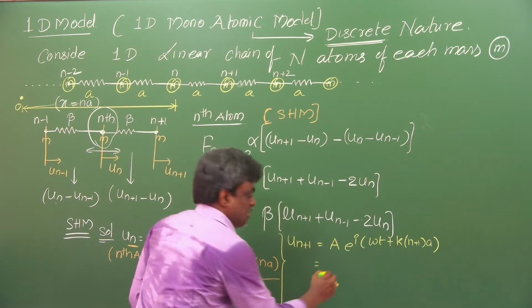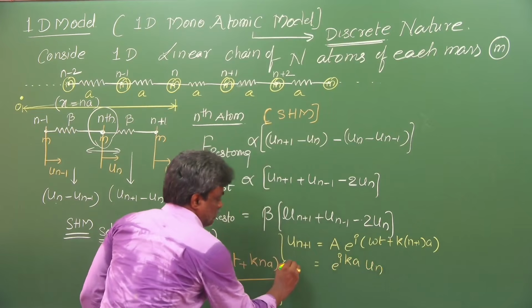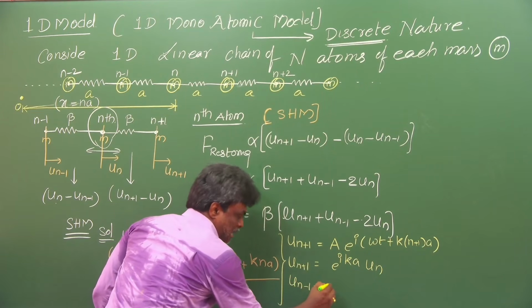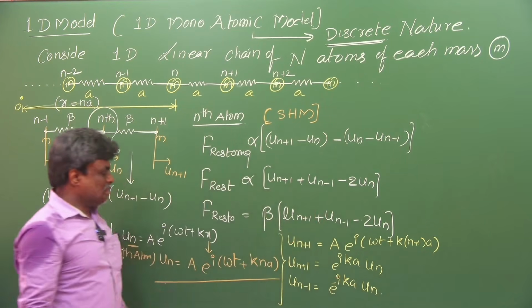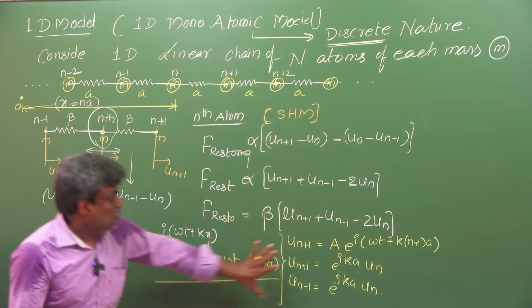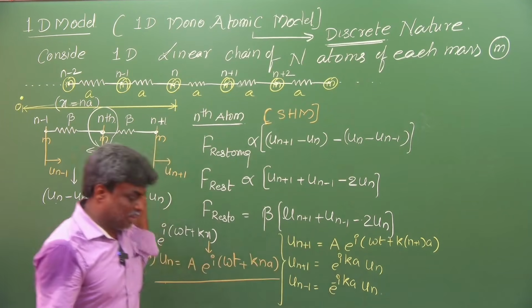Is it okay? Similarly, could you please tell me un minus 1? Everybody understand? Small algebra, not at all difficult. Now, once I have got all these three things, I will substitute. Come on, do it.